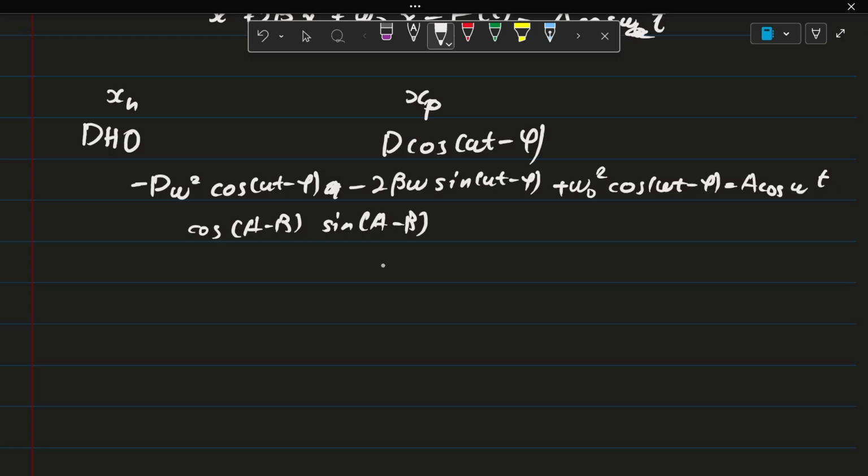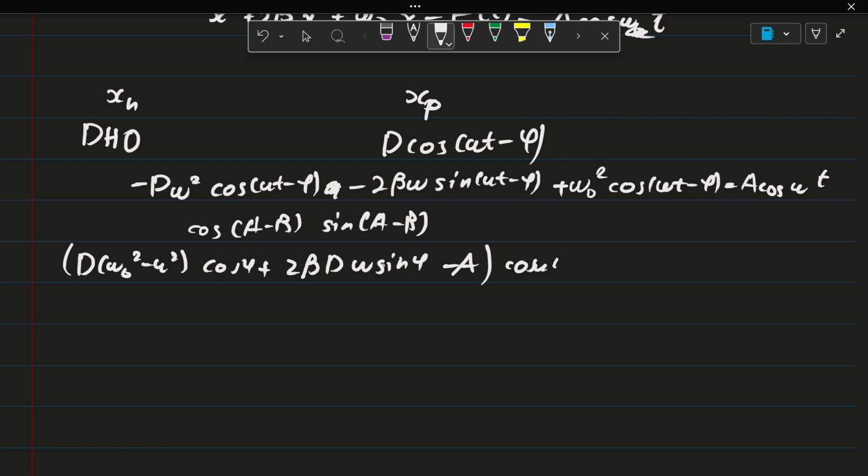And if you regroup them all together, you can eventually get D times omega 0 squared minus omega squared cosine phi plus 2 beta D omega sine phi minus A, this is the coefficient of cosine omega t, which would equal 2 beta D omega cosine phi minus D times omega 0 squared minus omega squared sine phi, this is the coefficient of sine omega t.